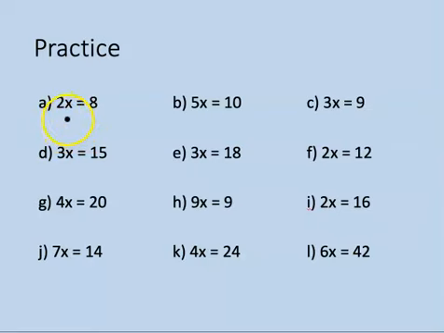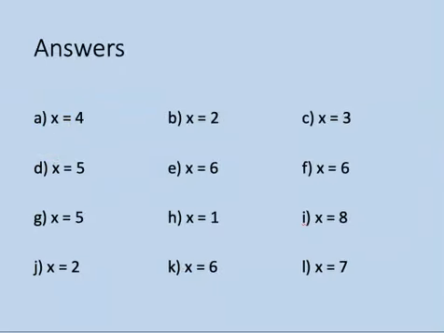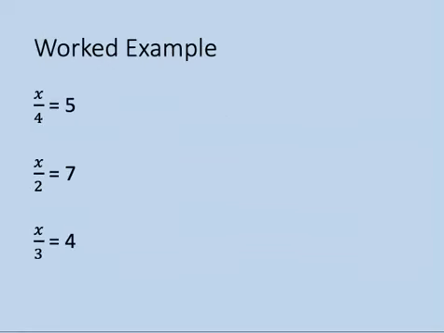So if you've done those ones right, the answers you should get are here. So just hop back through the video again, have a look. So the next type of examples we're going to look at this time is what happens when we divide x by a number.